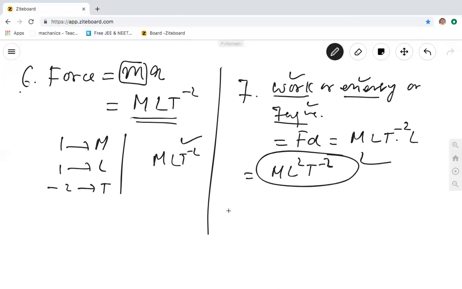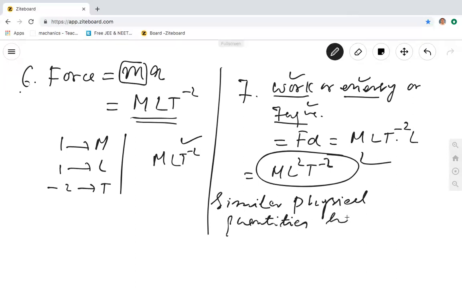So here I want to write a statement: similar physical quantities have the same dimensions.